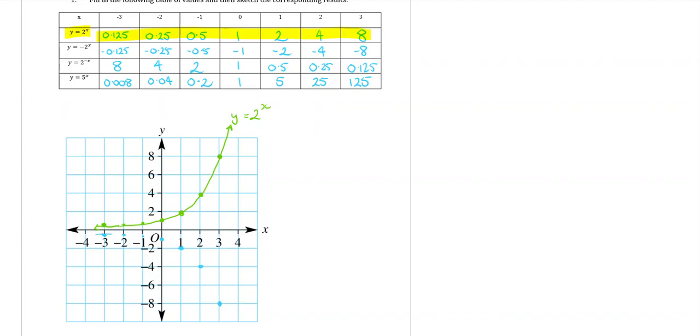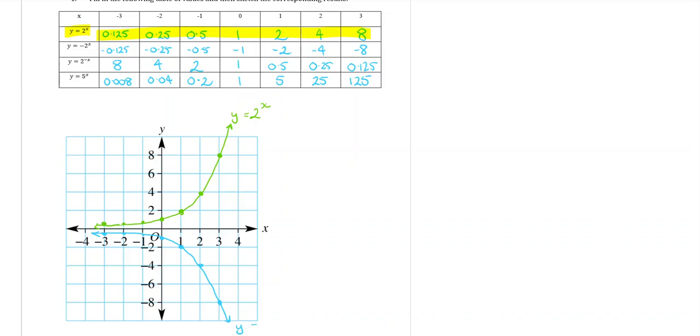So let's join that up like that. Make sure that it always looks like it's getting closer and closer to that x-axis on the left side there, but never touches. So that is y equals -2 to the power of x.